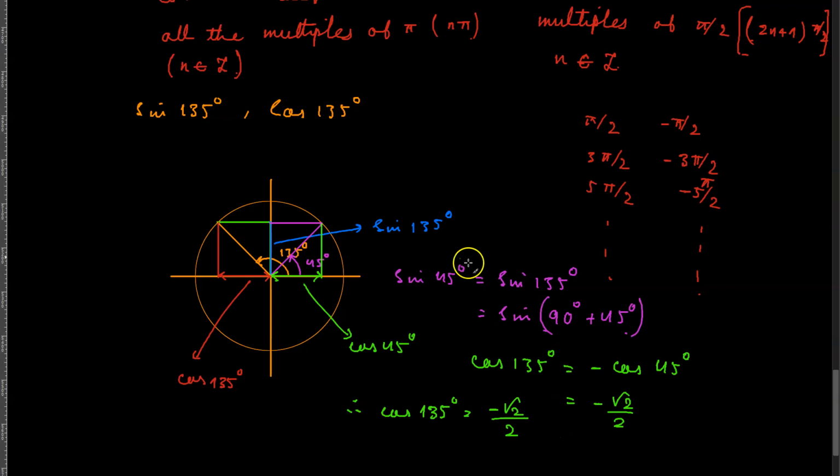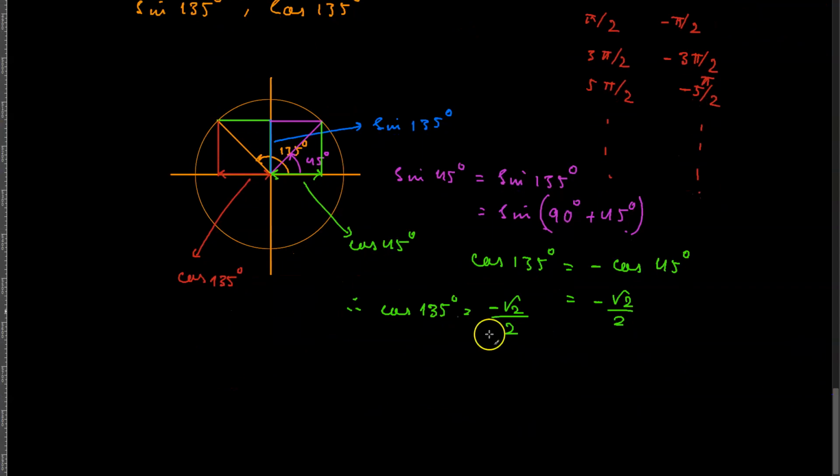And since the sine of 45 degrees is exactly equal to the sine of 135 degrees, and the sine of 45 degrees is equal to square root of 2 by 2, I can conclude that the sine of 135 degrees is equal to square root of 2 by 2.